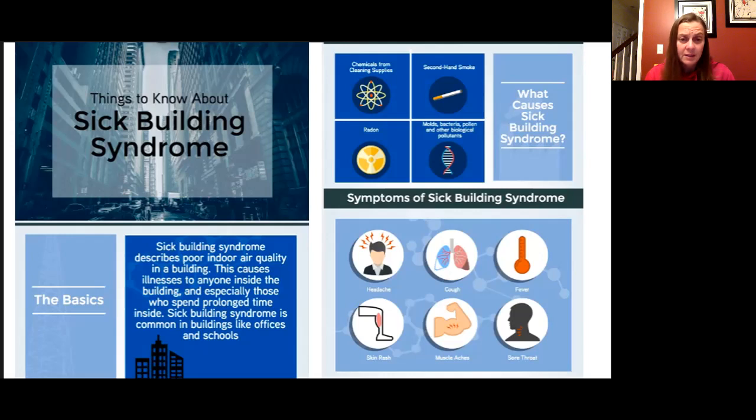So what causes sick building syndrome? The most common problem is mold or bacteria, other biological pollutants, but it can also be from radon, secondhand smoke, or even chemicals from cleaning supplies. Sick building syndrome is usually diagnosed by people having a health effect when they are spending time in that building, and it's stopping when they stop spending time in that building.